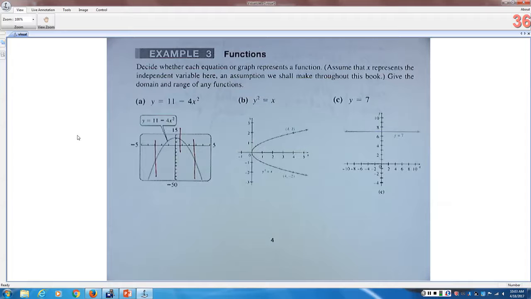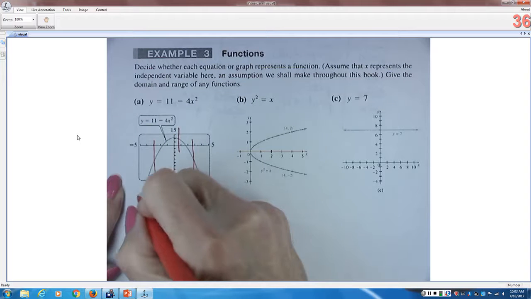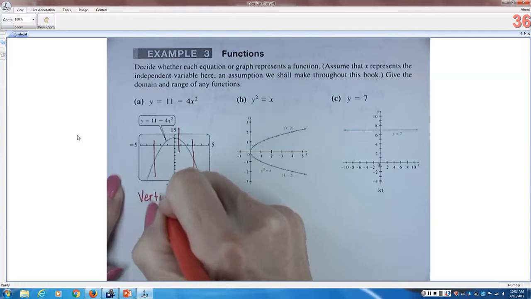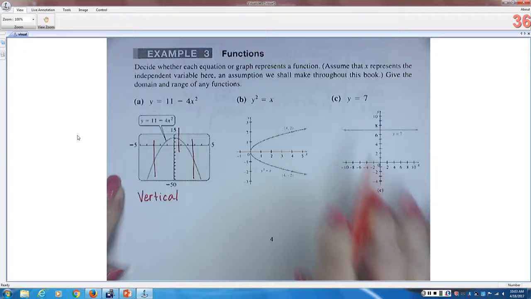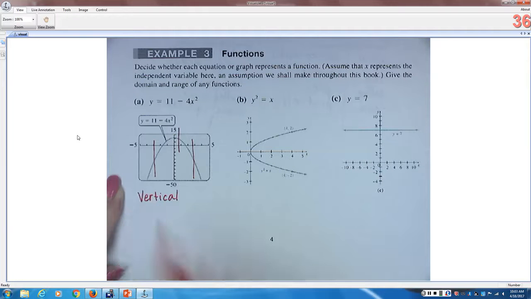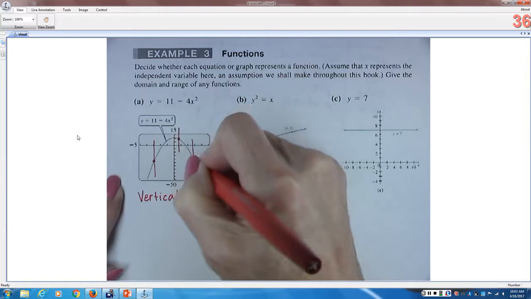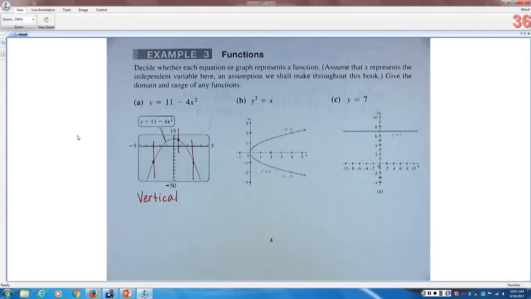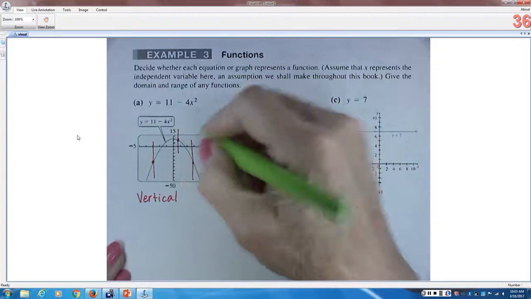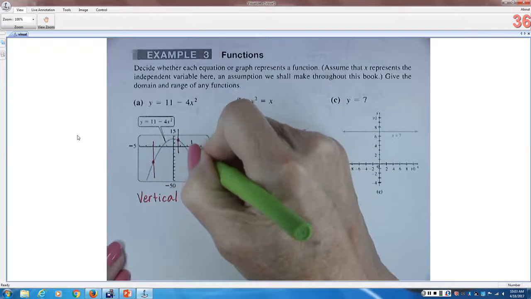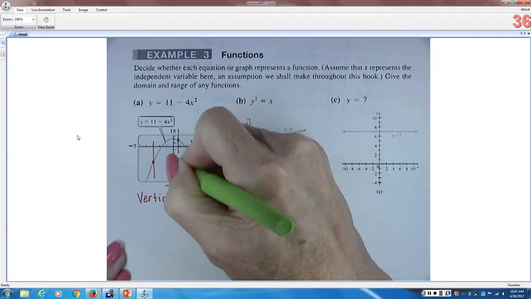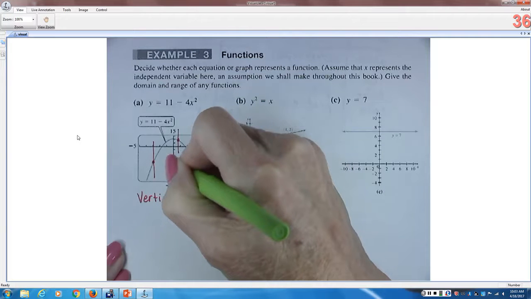Well, that sort of is true. But what makes it true, the reason it's called the vertical line test, because it can't be a horizontal line, it has to be a vertical line, is that if the vertical line drawn on it touches it in one and only one place, what that's actually telling you is that for any x value, like this one, you can get only one y value.